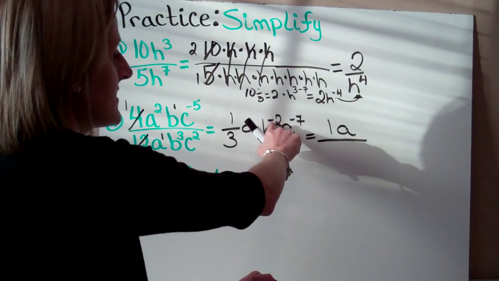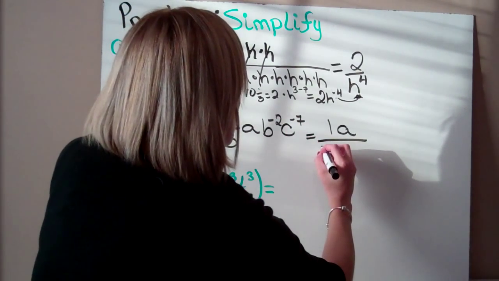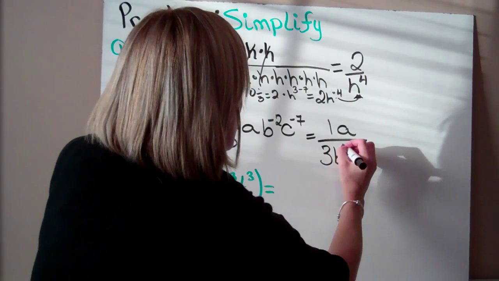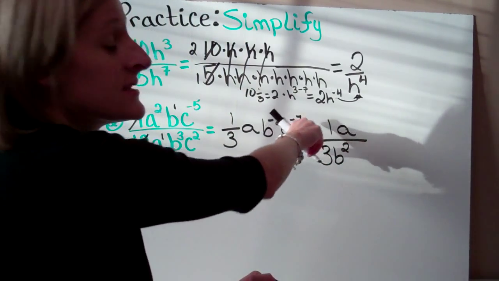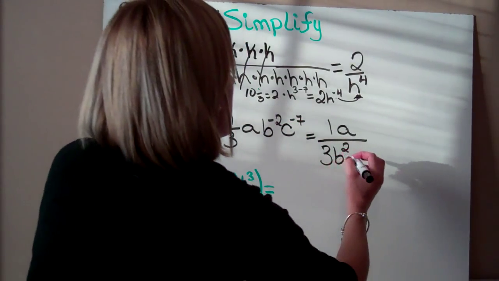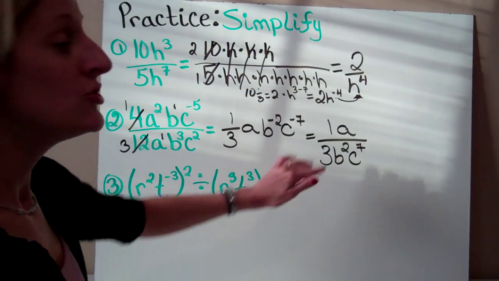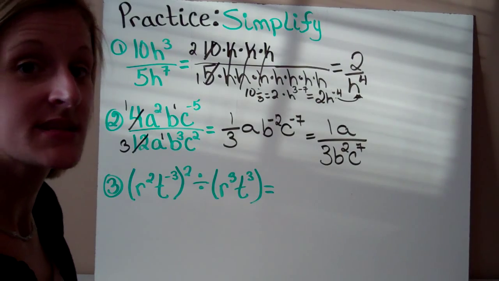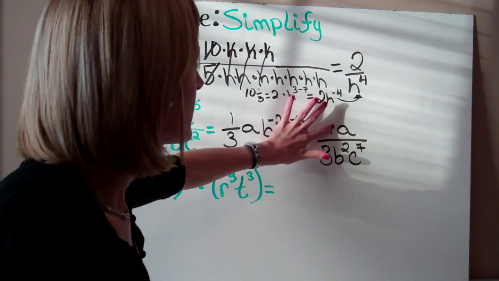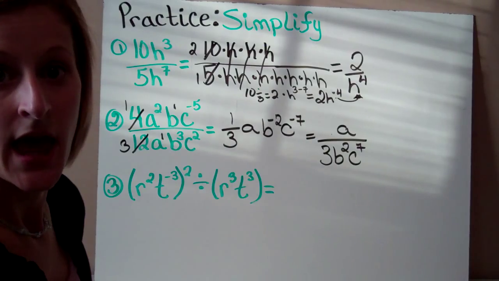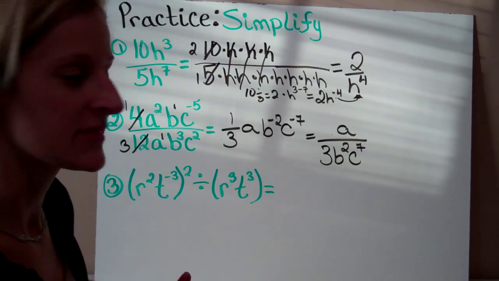Your b is to the negative second power, so you bring it below with your 3 and make it positive. C to the negative 7th power, so you bring it below and make it a positive 7. Now, you don't have to write it as 1 times a. You can leave it just as a, and it works because it means the same thing.